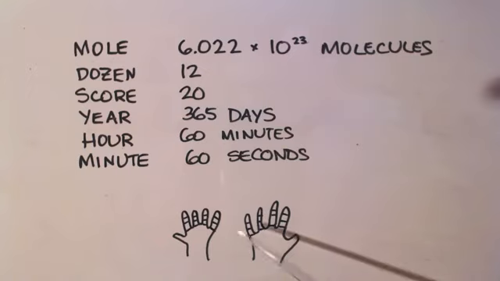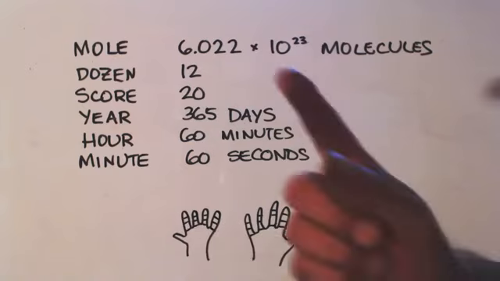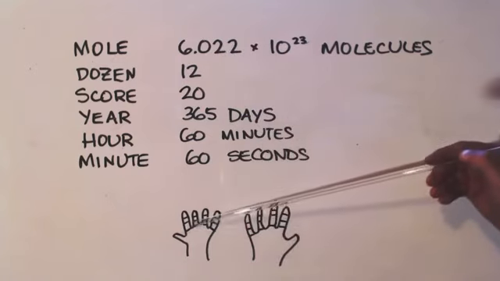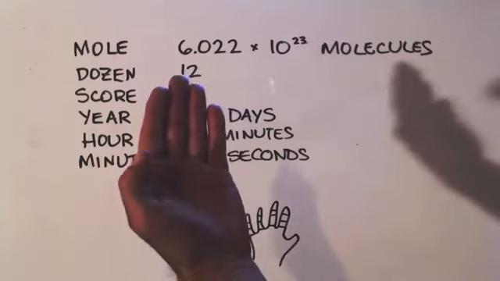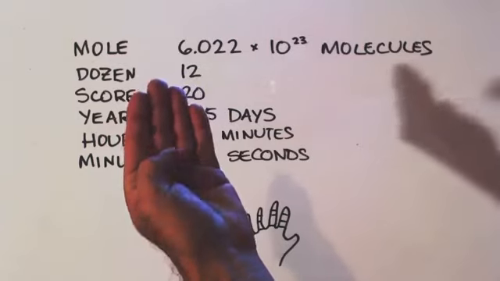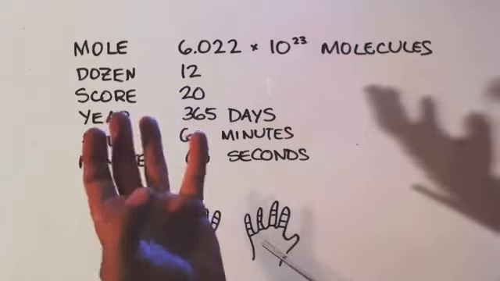I want you to look at this hand. It's a terrible drawing, but see the little lines I have on the fingers? Just like on your fingers, you've got little lines that go across. If you put your hand out like that and took your thumb and counted each individual section, there are 12 sections.